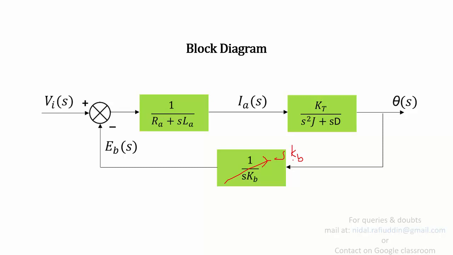If you multiply theta by SKB, you get EB, which is fed back to the comparator. So this is the final block diagram representation of the armature controlled DC servo motor. I guess this makes clear how armature controlled DC servo motors operate.